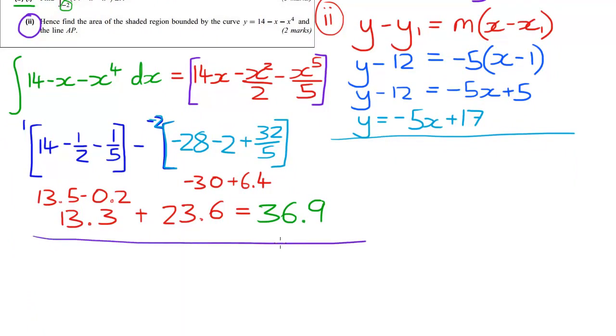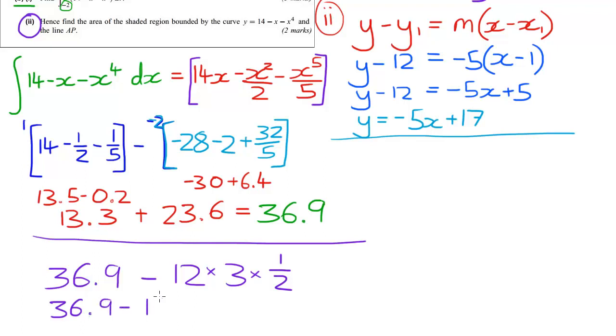So 36.9 take away 3 times 12 times a half, so 3 times 6 is going to be 18, so 36.9 minus 18, I'm just thinking out loud here, that is going to be 18.9, as it happens, 18.9.